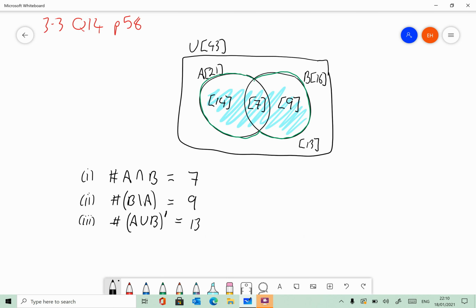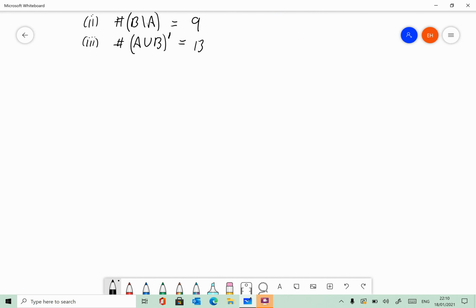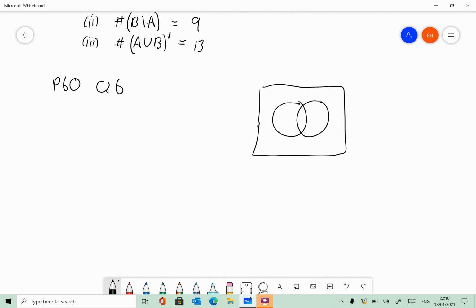Right, now I'm going to get you guys to answer some questions from 3, 6 or 9. So just to make your life a little bit easier, I might answer question 6 now on page 60. So we have a Venn diagram, and this time we have elements, not cardinal numbers.